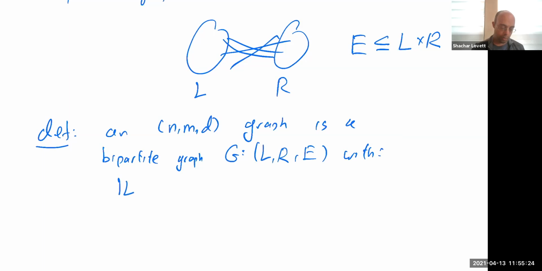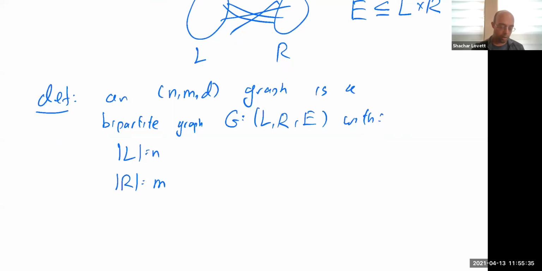The nodes on the left have size N, the nodes on the right have size M, and for this application it's actually important that these numbers are different, and each node v in L has degree D.